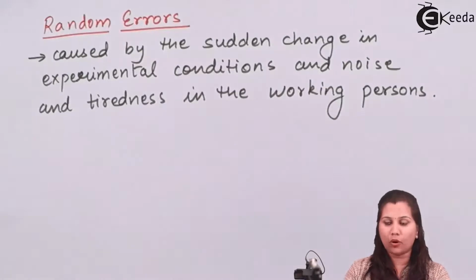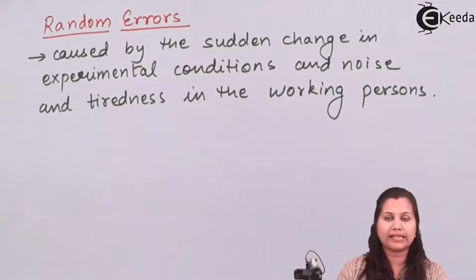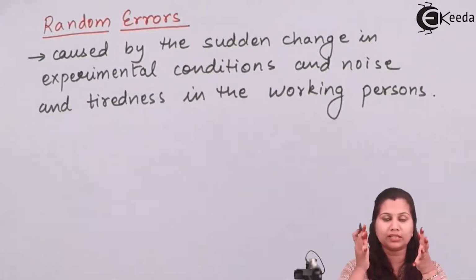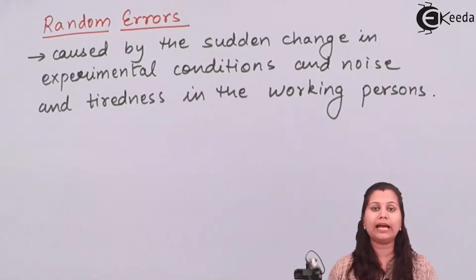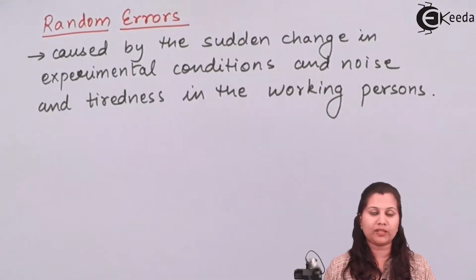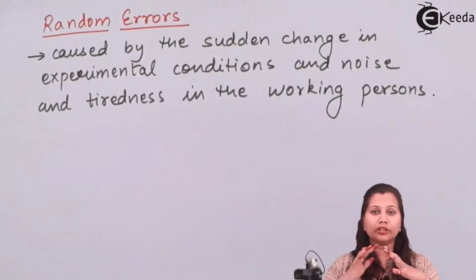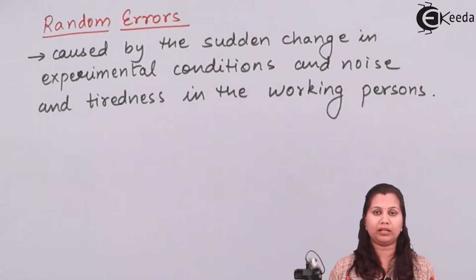Random errors are caused by a sudden change in the experimental conditions, like when we are taking the readings from the instrument, at that time the temperature was different, the pressure was different, the humidity around the instrument was different.